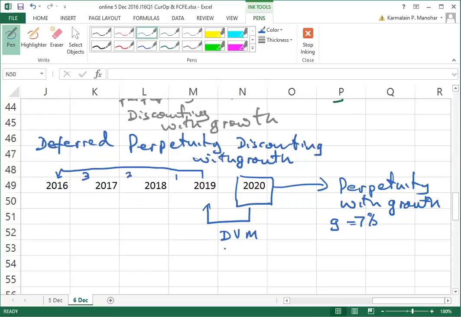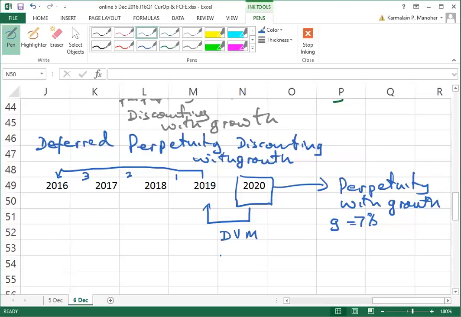Any idea as to what discount rate we can use? What type of cash flows are we discounting here? Should we use the WACC? Is this a weighted cash flow in terms of combination of equity and debt? What type of cash flow is this? That goes out to dividends. FCFE, and therefore this is the equity.